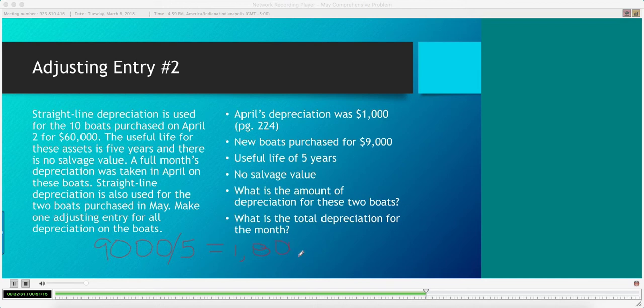And then you would divide that by 12 to get the monthly depreciation for the new boats. So that would be 150. So the depreciation for the month of May for the boats would be the 1,000 plus the 150. So you would just do one transaction total for all 12 boats. So does that adjusting entry make sense?